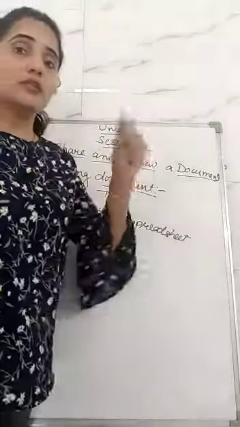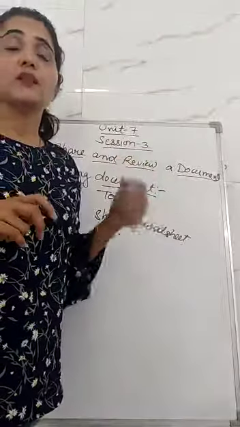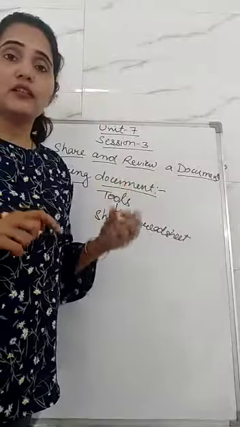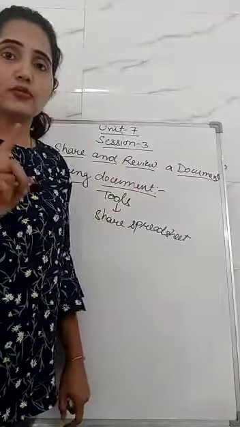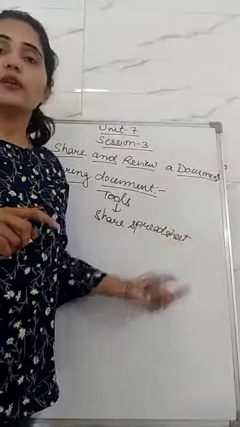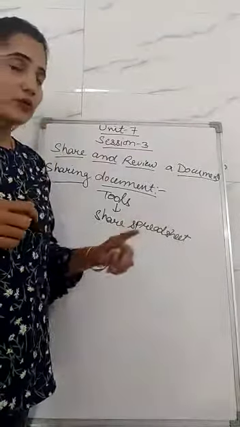When you click on user, a blank form will appear where it will ask for your company name, your last name, street address. This kind of fields are there. First you will fill all these fields. After the user is created, only then are you able to share your document with him or her.